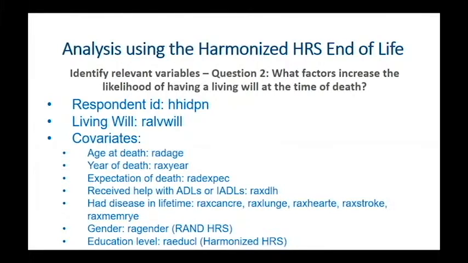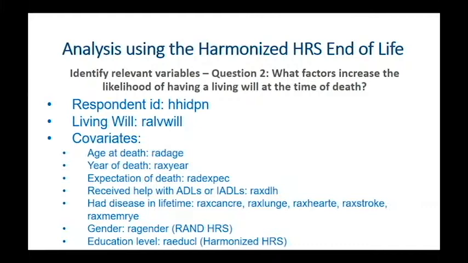For our second research question, which looks at the factors that increase the likelihood of having a living will, we'll need to use that respondent ID again. From the Harmonized HRS End of Life, we'll look at whether the respondent had a living will, a variable called RALVWILL.